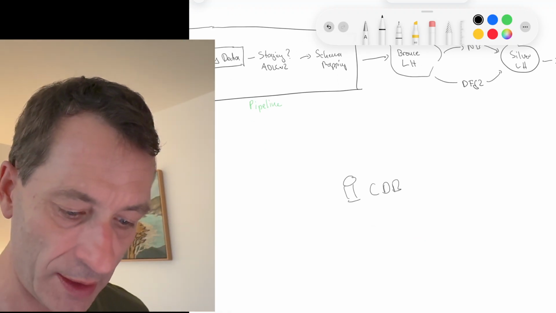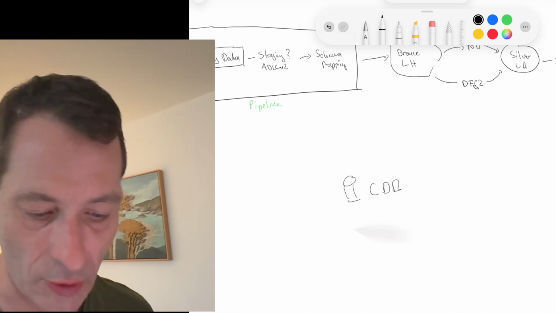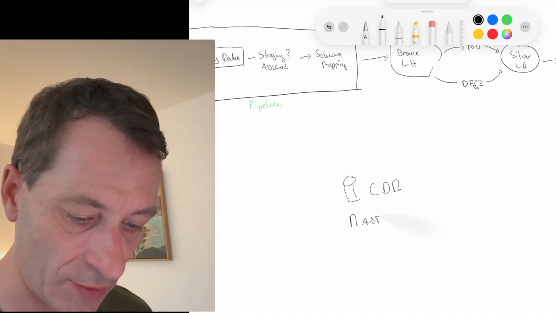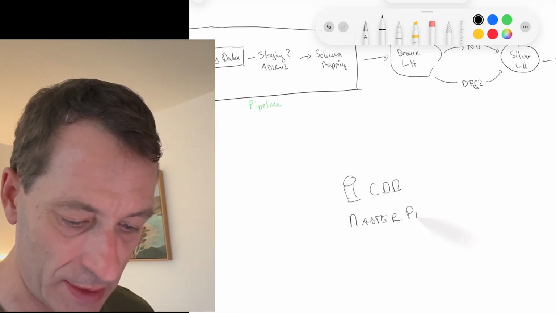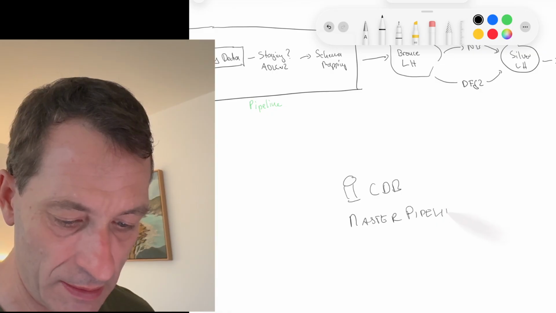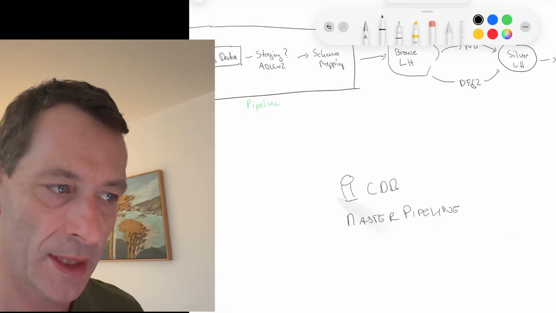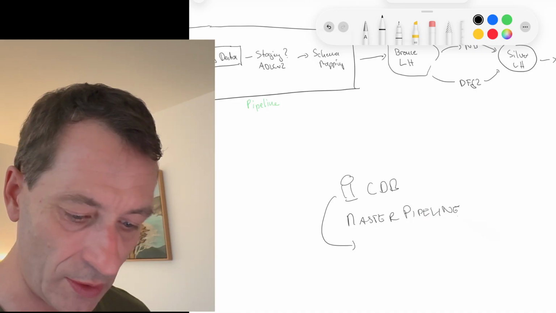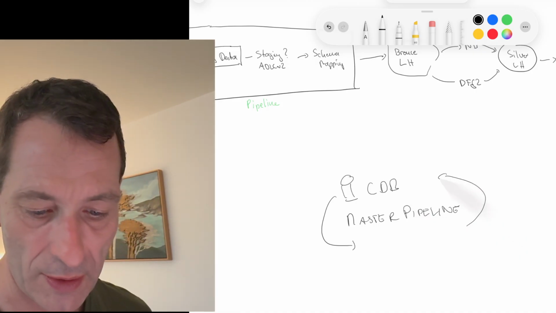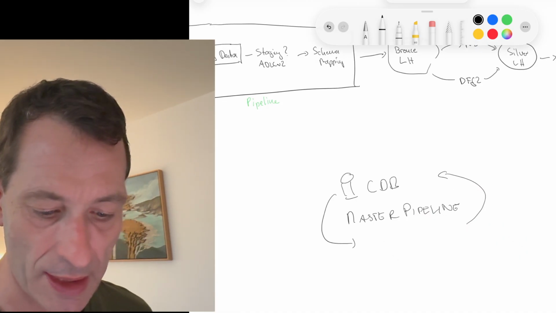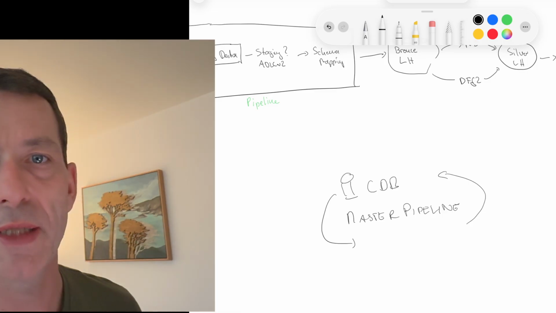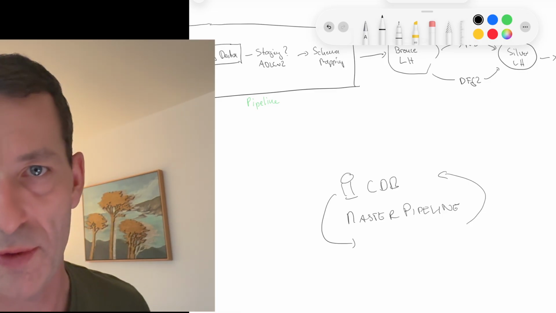And from there, or on top of that, or below that, depending, you have your master pipeline. And the master pipeline reads all the data from the configuration database and creates the actions out of that data, right?